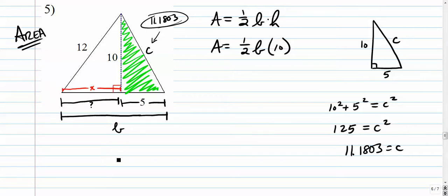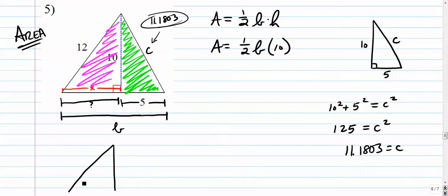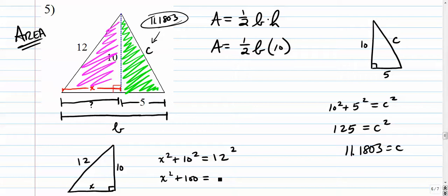Now we have another little Pythagorean theorem. I'll put this one in purple. I'm looking at just the purple triangle, so I'll draw that one off on its own. It's a right triangle. This is 10, this is 12, and this is X. So X squared plus 10 squared equals 12 squared. X squared plus 100 equals 144.